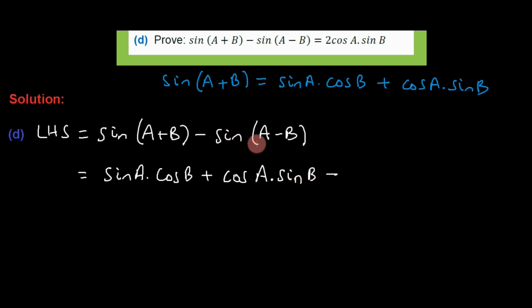Then we have minus the sine of A minus B. And we know that the sine of A minus B is the sine of A times the cos of B minus the cos of A times the sine of B. So we can replace the sine of A minus B with sine A times cos B minus cos A times sine B. We're going to put it in brackets because this minus here will affect what's inside the brackets, or will affect this expansion.